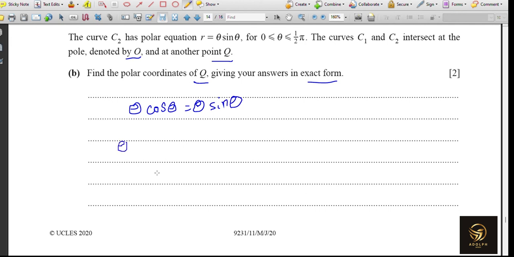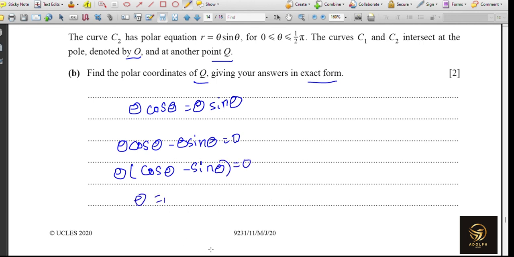So I can bring both of them to the same side: theta cos theta minus theta sine theta equals 0. If I take theta outside, I get cos theta minus sine theta as another factor. Theta can be 0, or another possibility is cos theta minus sine theta equals 0. That gives cos theta equals sine theta.